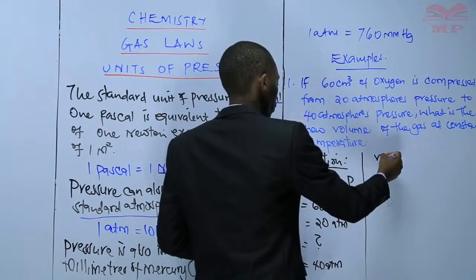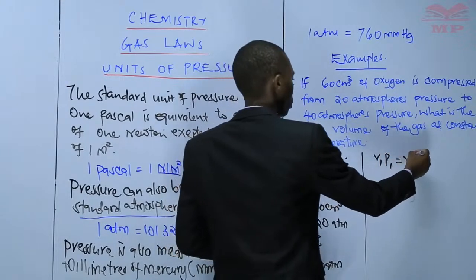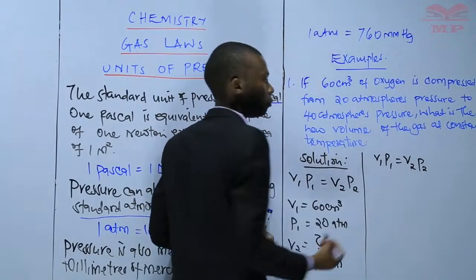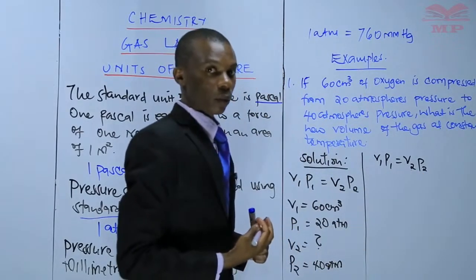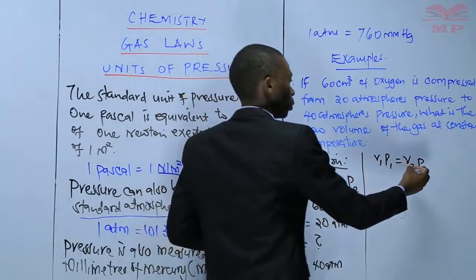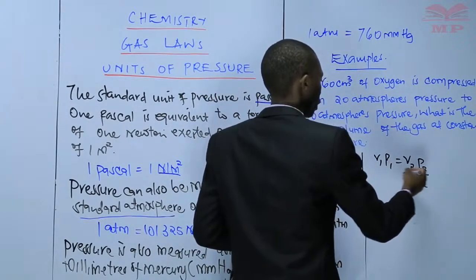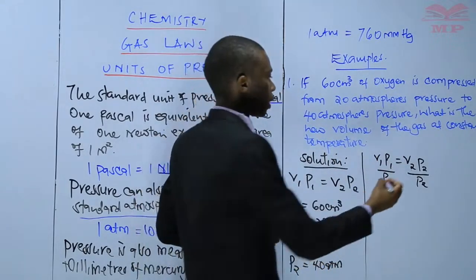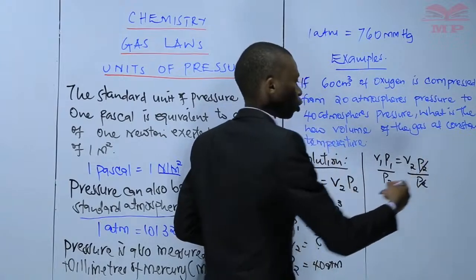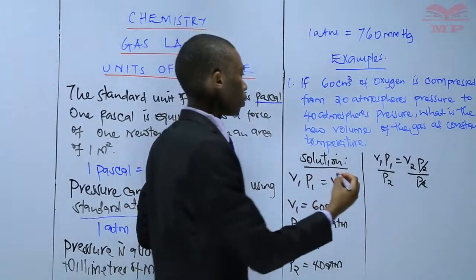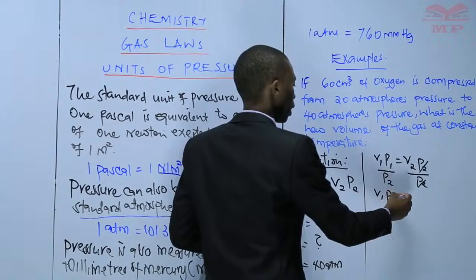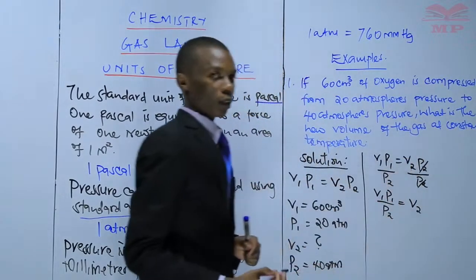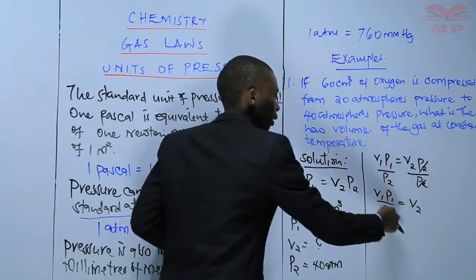We still have our formula V1 P1 equals V2 P2. We want to make V2 our subject, so we divide both sides by P2. The P2 cancels out on the right side, and you are left with V1 P1 divided by P2 equals V2.